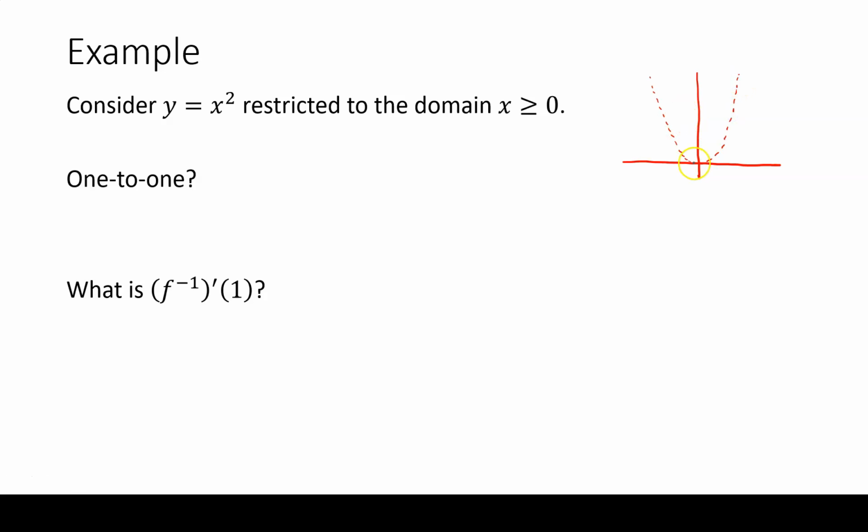In this case, though, we're restricting the graph from 0 to infinity. So if we're restricting it, it is one-to-one, since we're restricting it to the domain from 0 to infinity.